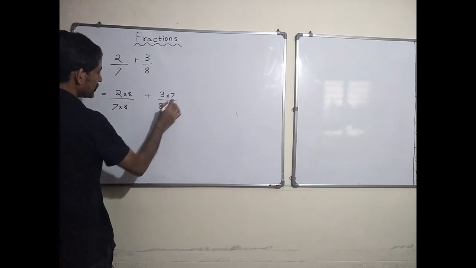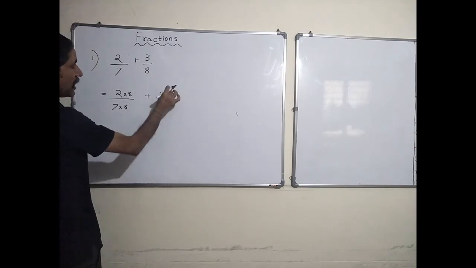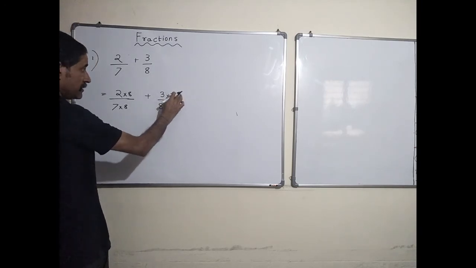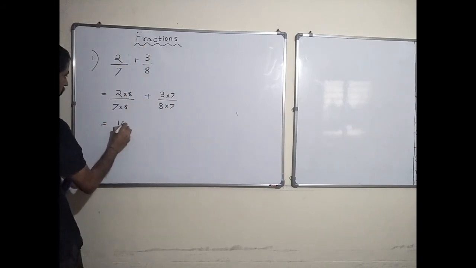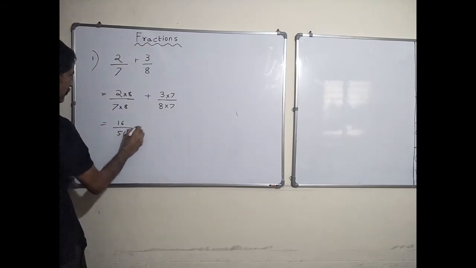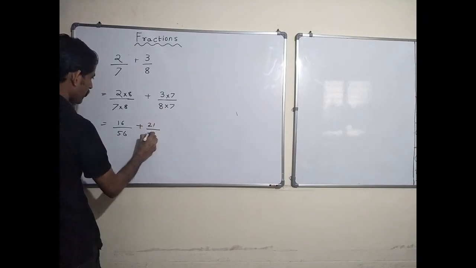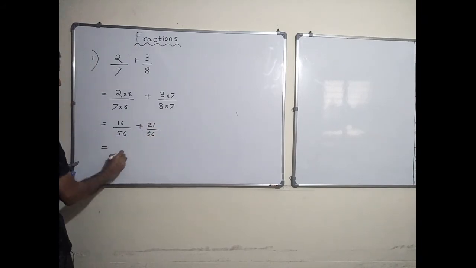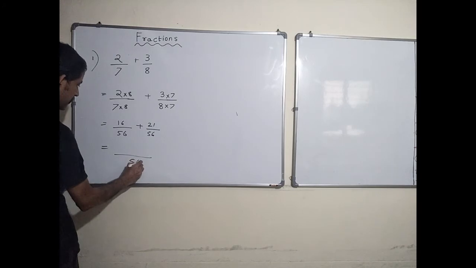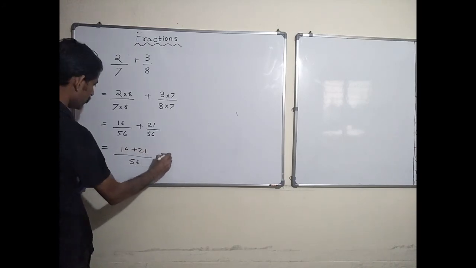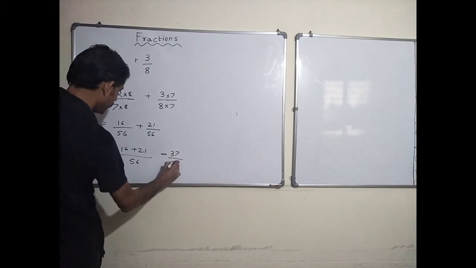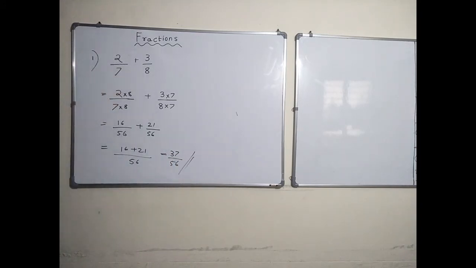I multiply by 7 so that I get 56 here. I multiply the numerator also by 7 such that this value is the same as 3 by 8. Now when the denominator is the same, I write 16 plus 21 is equal to 37 by 56 is the answer.